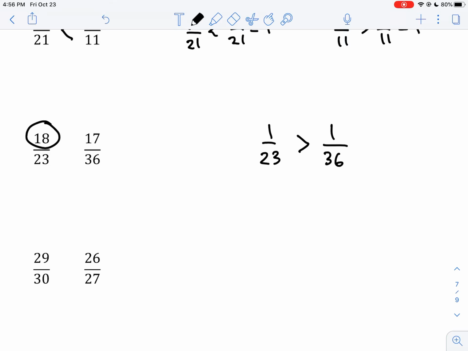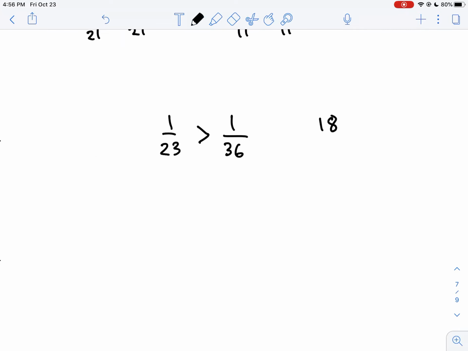And now notice I have 18 larger pieces compared to 17 smaller pieces. That's a double reason why 18/23 is going to be more. So 18/23 is definitely more than only 17/36.